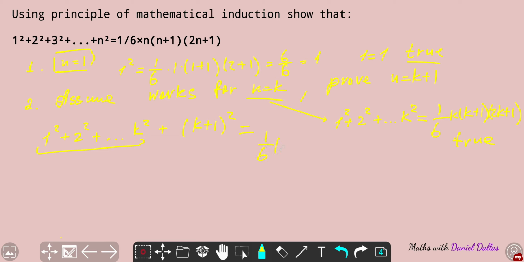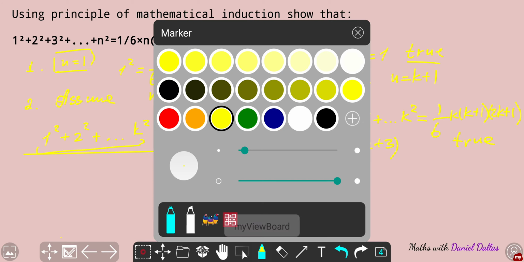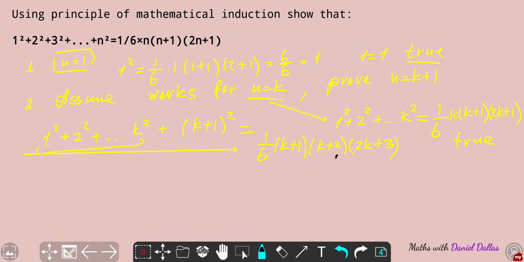Everywhere we plug in k plus 1. So n plus 1 becomes k plus 2, and finally 2n plus 1 becomes 2k plus 2 plus 1, which is 2k plus 3. We need to prove that this whole expression equals that. So that's our target formula.